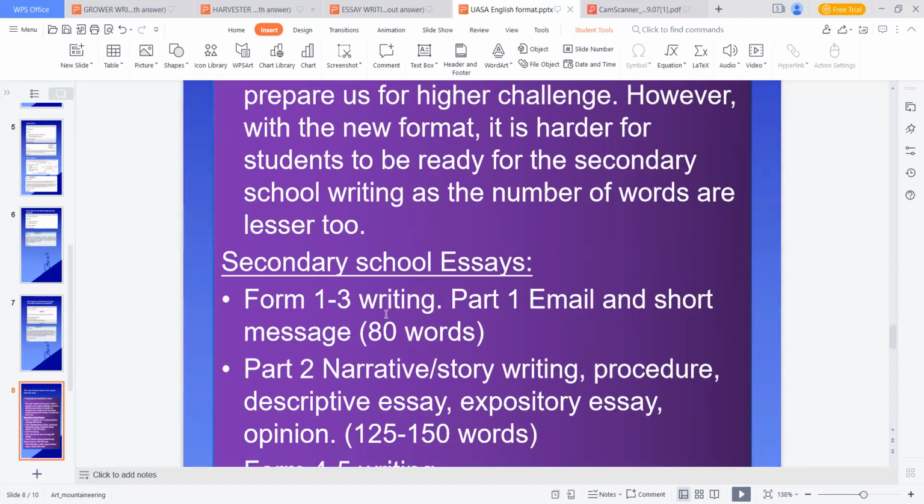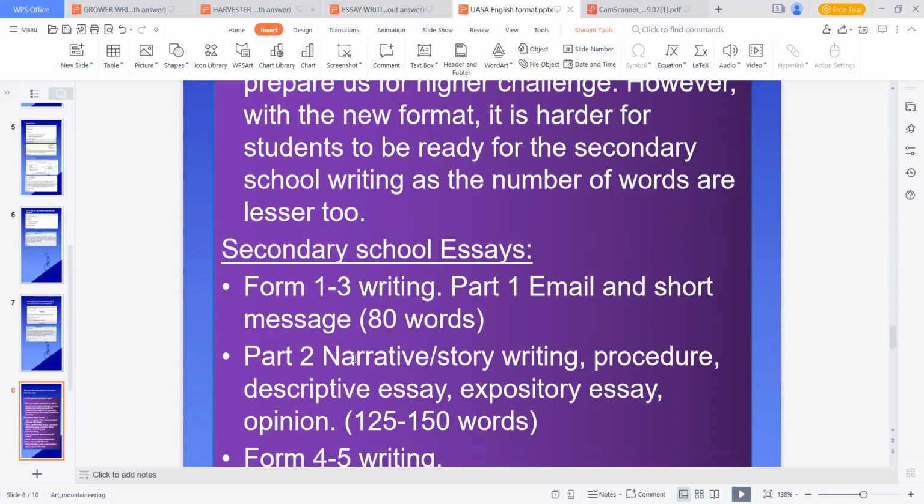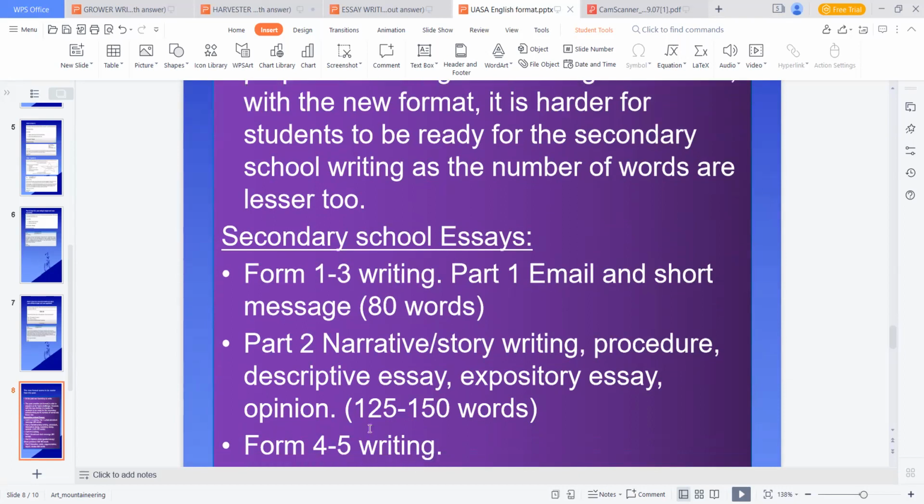From Form 1 to 3, writing. Part 1 is email, short message, about 80 words. So this one they can handle. Part 2, they have narrative, meaning story writing, procedure, descriptive essay, expository essay, and opinion essay. The number of words is 125 to 150 words.